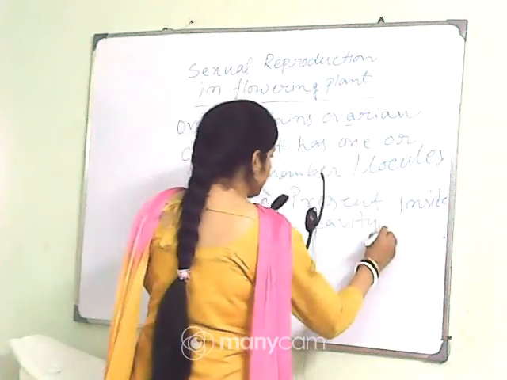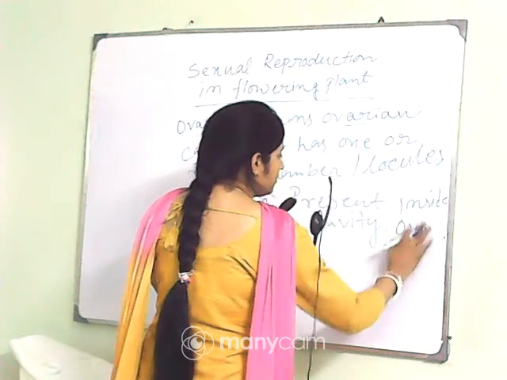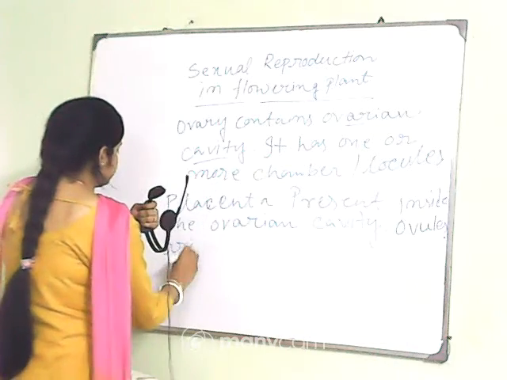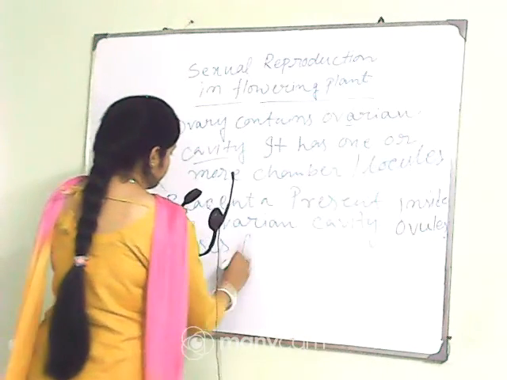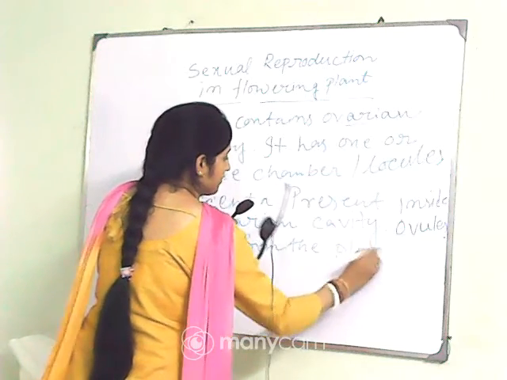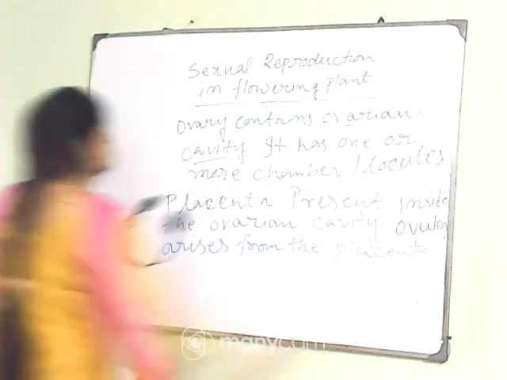Ovules arise from the placenta, and these ovules form into the seeds. So this is the structure.